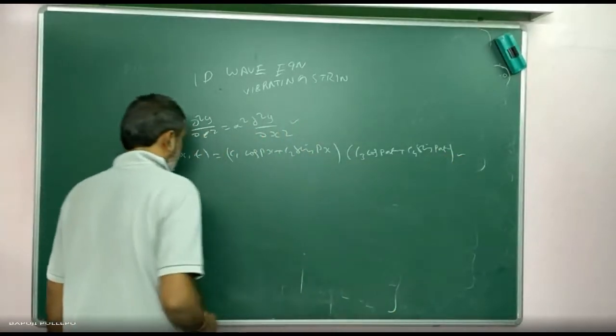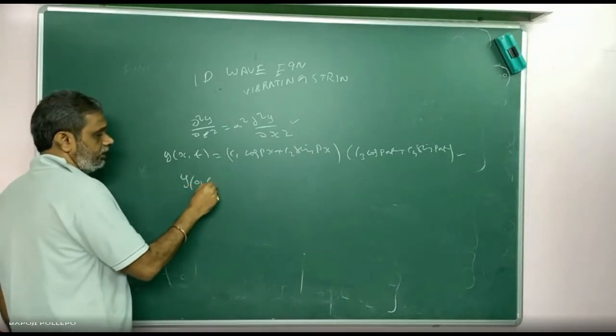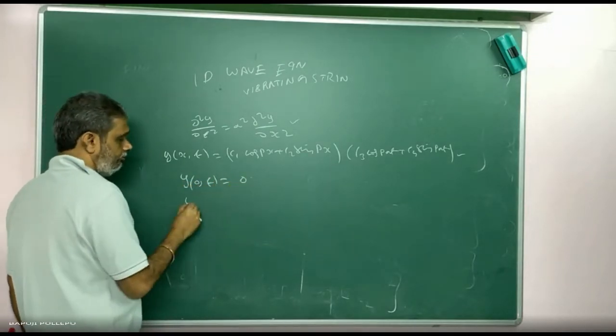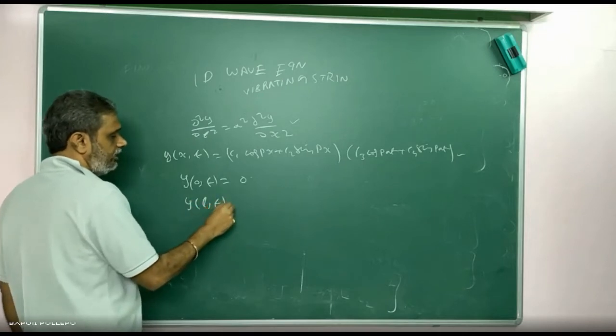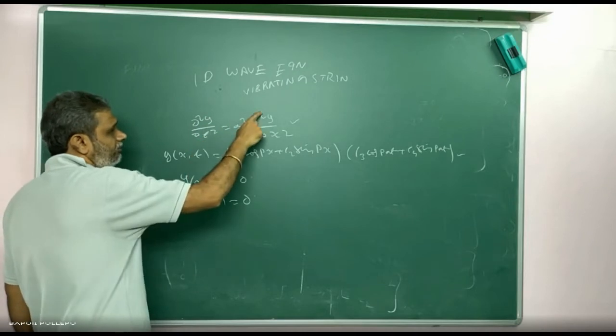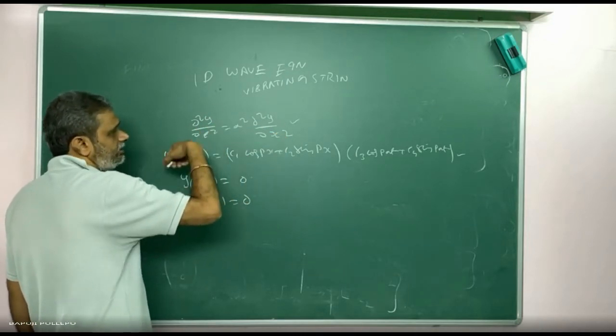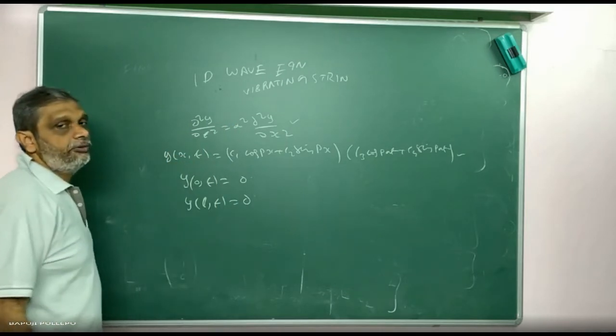Then initial and boundary conditions. Y of 0 comma t is equal to 0, there is no vibration. Y of L comma t is equal to 0. Already I told you, y with respect to t two times and y with respect to x two times means in terms of x two boundary conditions plus two in terms of t, so we have four boundary conditions.